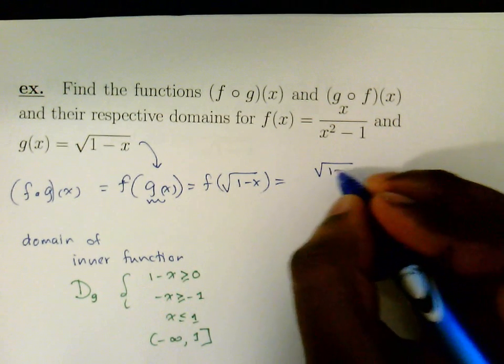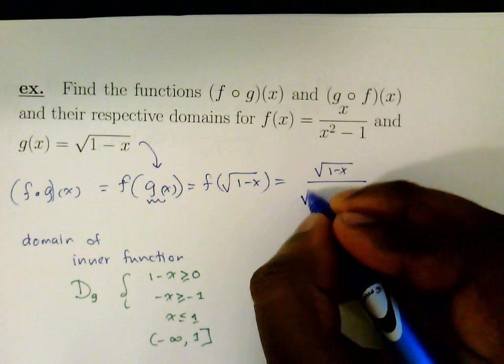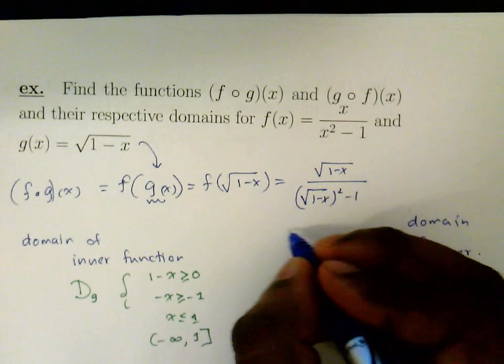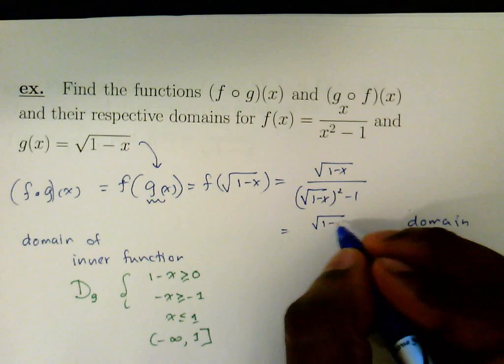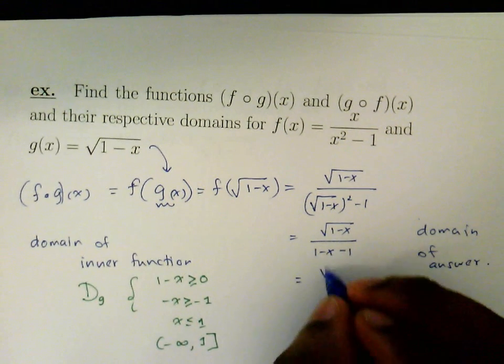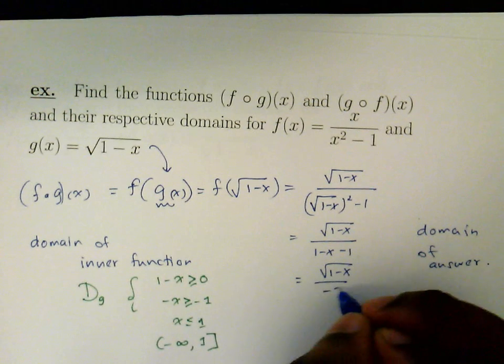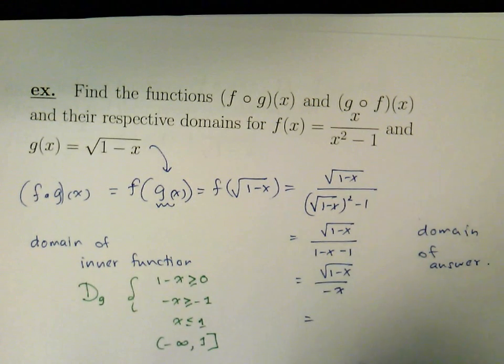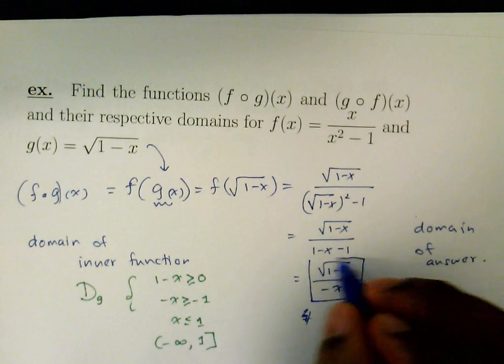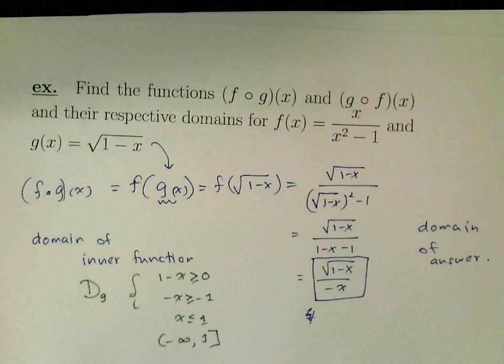So square root of 1 minus x squared divided by square root of 1 minus x squared minus 1. That cancels the square root, so 1 minus x over 1 minus x minus 1. So square root of 1 minus x over negative x. That's it. So that's the function f of g.